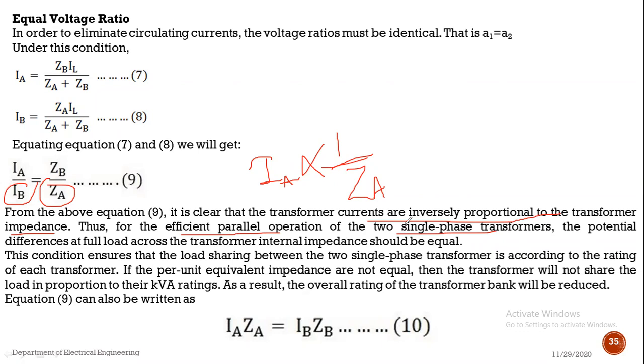So the percentage or per unit impedance should be equal. This is the necessary condition.